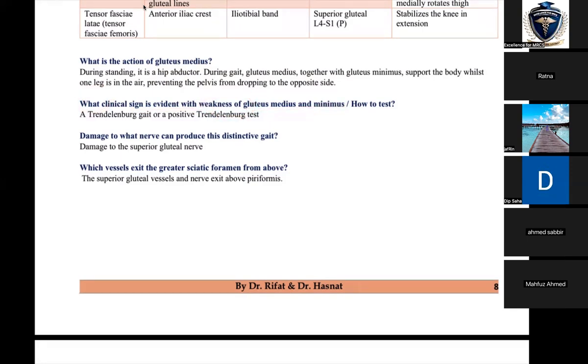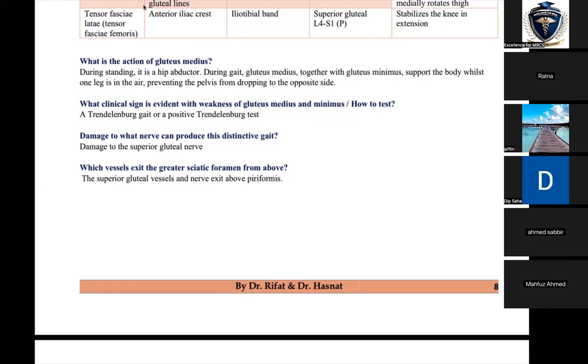If the right-sided superior gluteal nerve is damaged, what will occur? Which side will be sagging down? If the injury is on the right side and the patient is standing on the right side, and the left intact side is in the air, tell me, will the right sided gluteal medius and minimus be able to stabilize the hip joint?